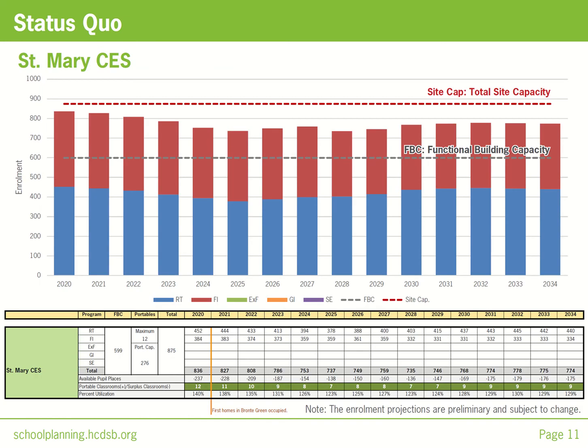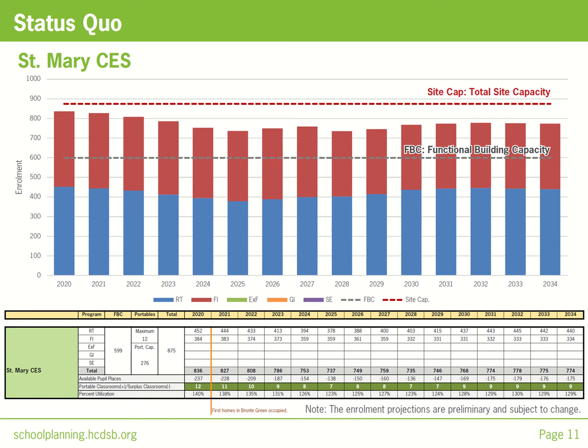In terms of the enrollment for St. Mary Catholic Elementary School, there are 2 dashed lines over the capacity. The functional building capacity is the bricks and mortar, and the site capacity includes portables.